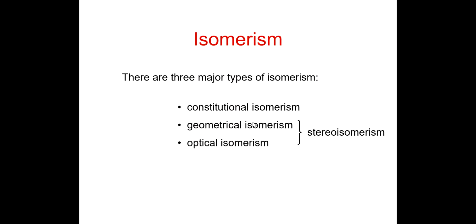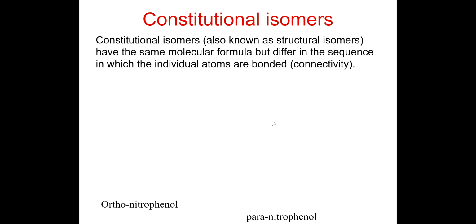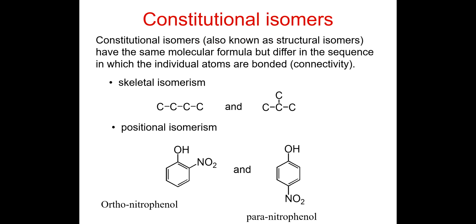On Tuesday's class, we talked about there being mainly 3 types of isomerism. They are constitutional isomerism, geometrical isomerism, and optical isomerism. Constitutional isomers are easy to understand: they have the same molecular formula, but differ in the sequence in which the individual atoms are connected, right?